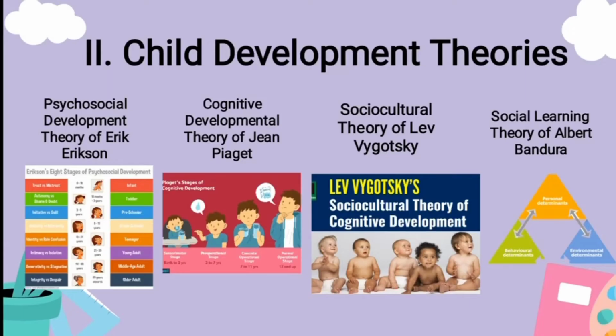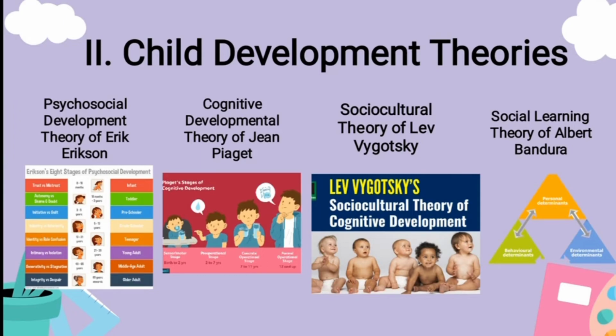Moving on, let us now proceed to the child development theories. In this chapter, there are 5 different child development theories that we are going to learn from 5 different famous personalities, namely Erik Erikson, Jean Piaget, Lev Vygotsky, and Albert Bandura.